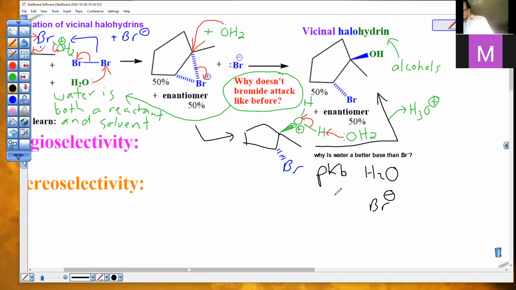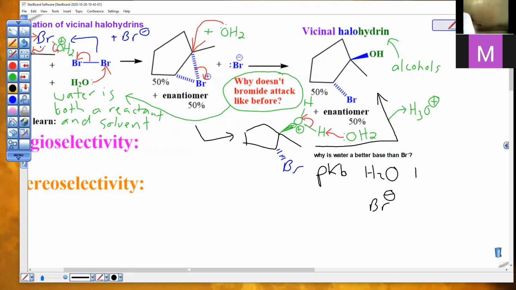To do the pKb of water, you need to know the pKa of its conjugate acid, which is called, don't tell me it's hydroxide, that's the conjugate base of water. What's the conjugate acid of water? Hydronium. What's the pKa of hydronium? Because pKa plus pKb for a conjugate acid-base pair equals 14.